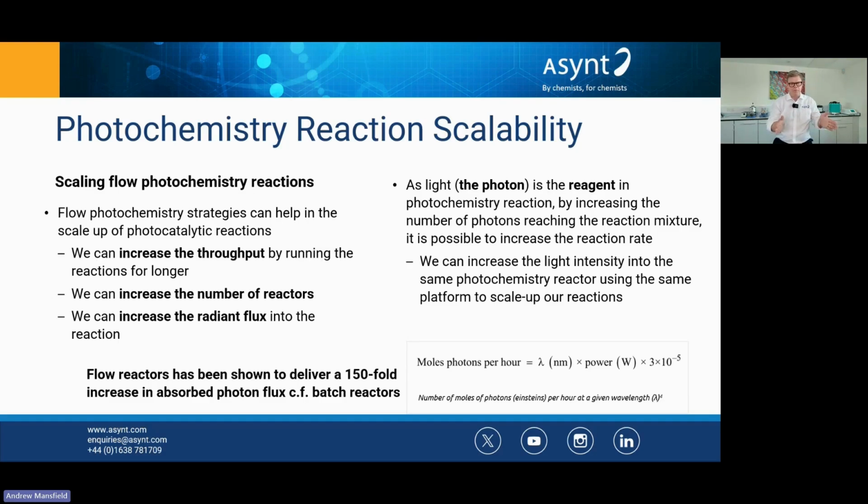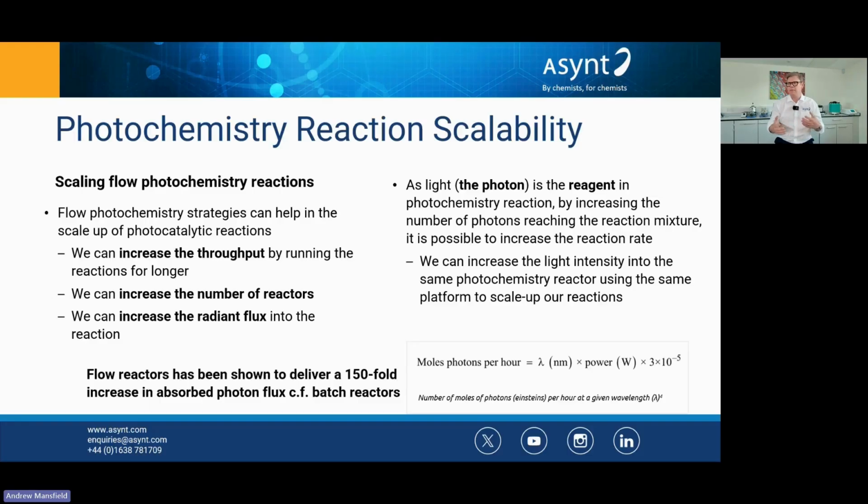We can scale out, using multiple reactors that still see the same reaction conditions, but enable us to increase our output. If we increase the radiant flux, the intensity of our photons into our reactor, we can potentially, as this is the reagent, decrease our reaction times as well.